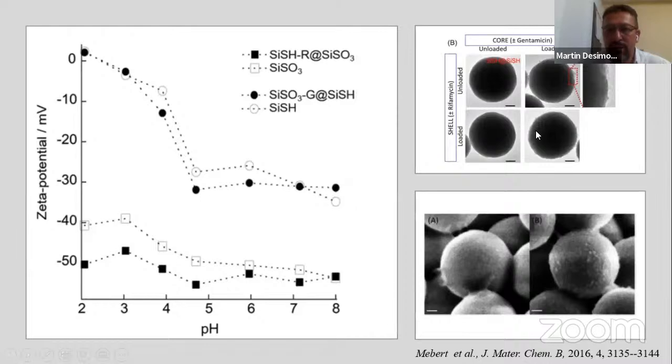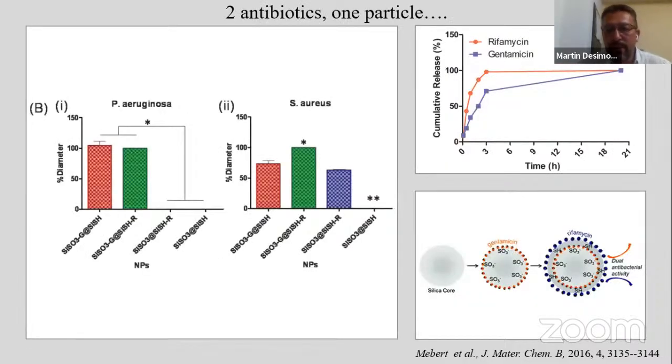Here we have some transmission electron microscopy and scanning electron microscopy images of the nanoparticles. Here we see that when we have antibiotics present in the core of the nanoparticles and we make the shell, there is some rugosity due to the presence of the organic molecules in the core. This is very interesting because we can have particles especially designed to deliver both antibiotics.